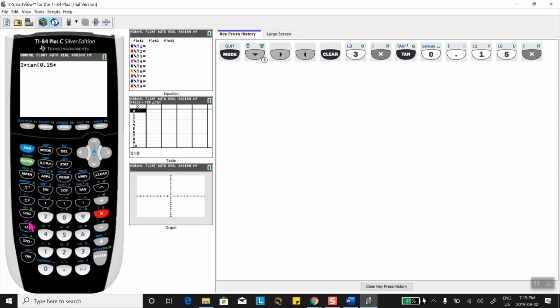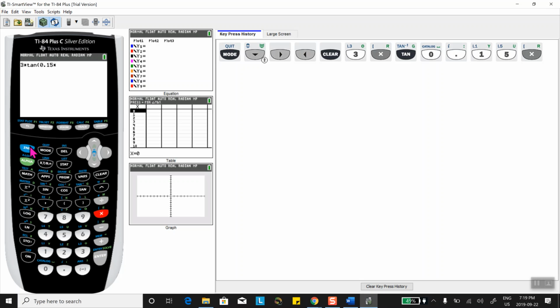Now, pi, either you can put 3.1415 in, or actually it's one of the constants used right there. There's a pi there, I suspect. Is that a pi? We'll find out. So times pi.